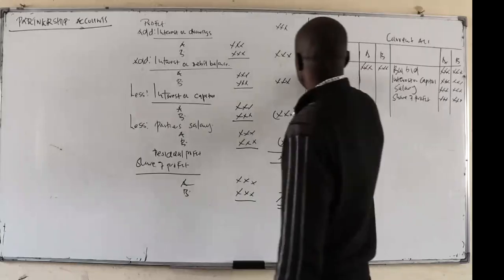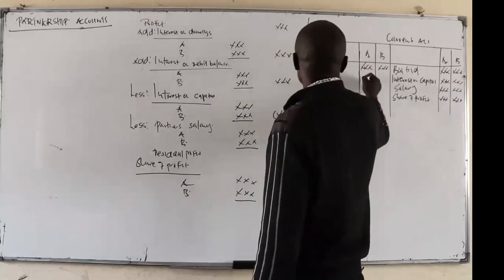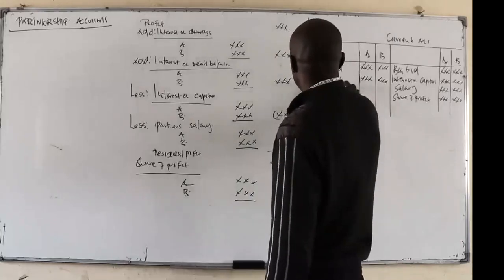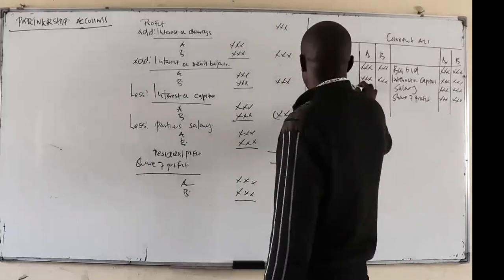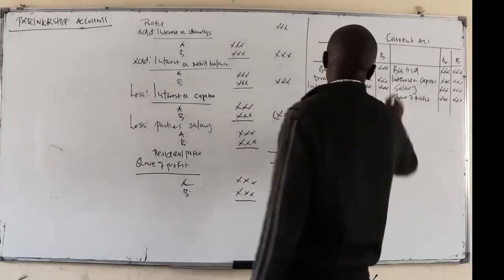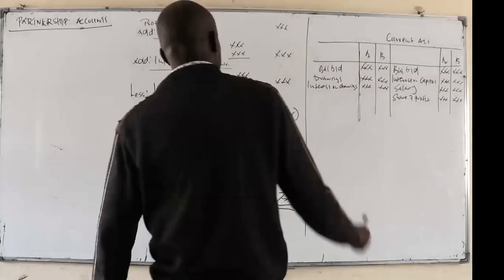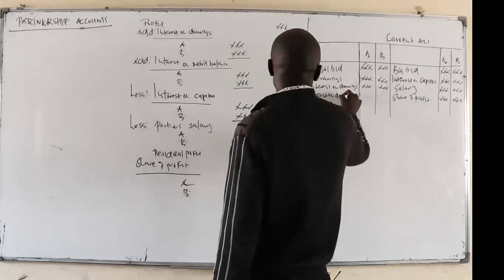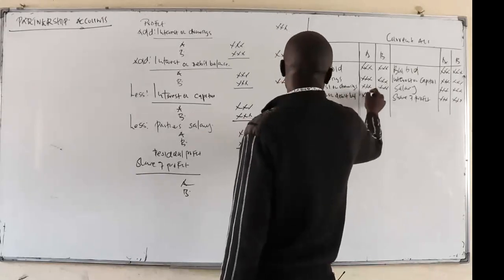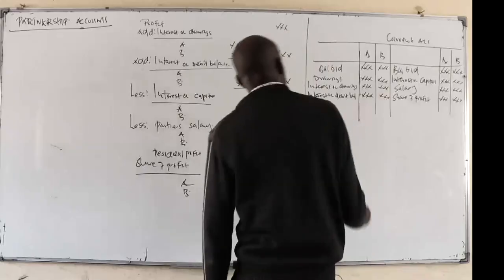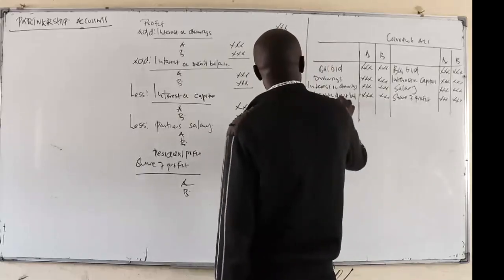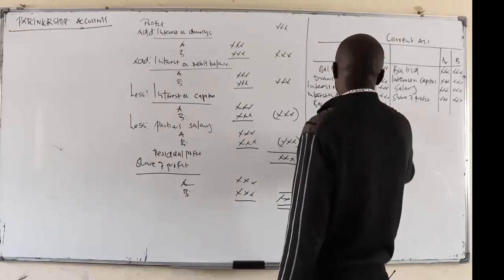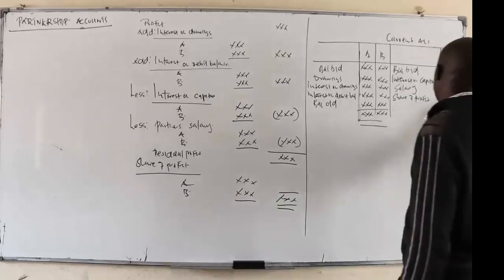Here we have drawings, interest on drawings, interest on debit balance. Then we get the balance carried down. So that is how we prepare the current account.